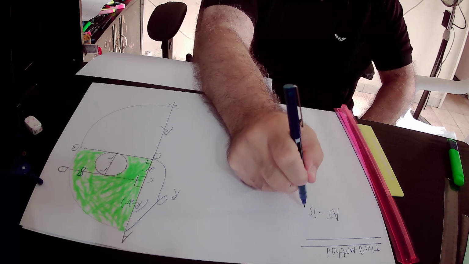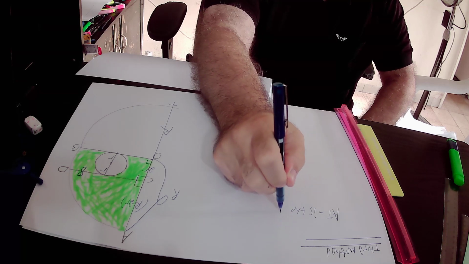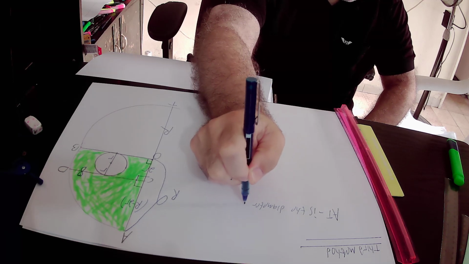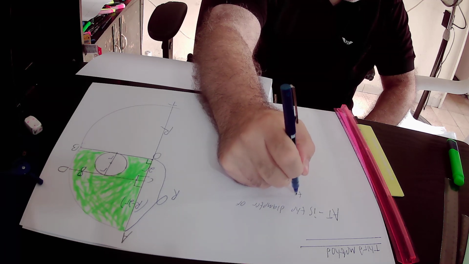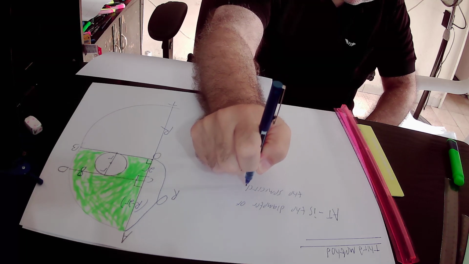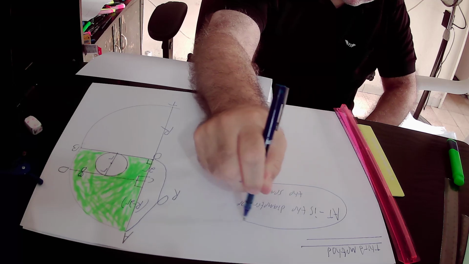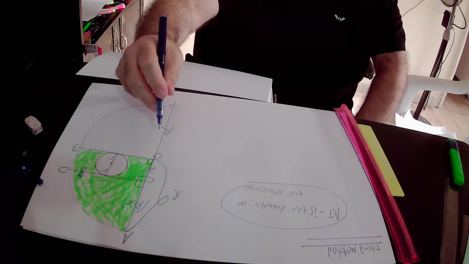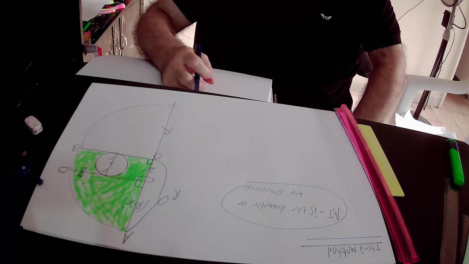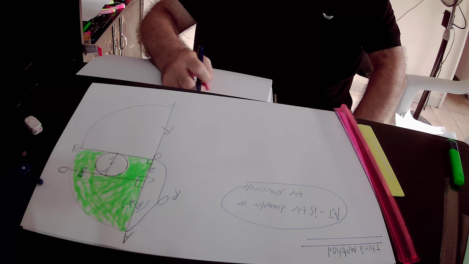So AT is the diameter of the semicircle. I will explain again. Chord AT passes through the center of the semicircle, therefore chord AT is the diameter of the semicircle. Okay? Any chord that passes through the center of the semicircle must be the diameter of the semicircle.